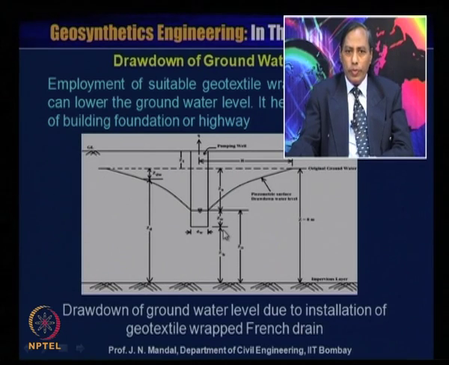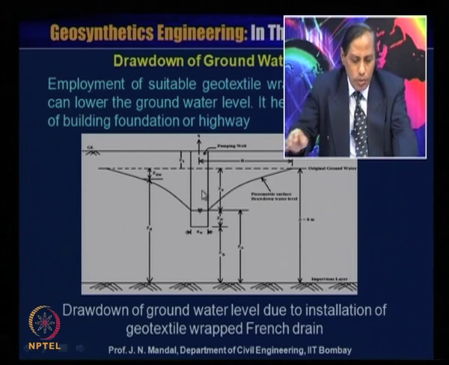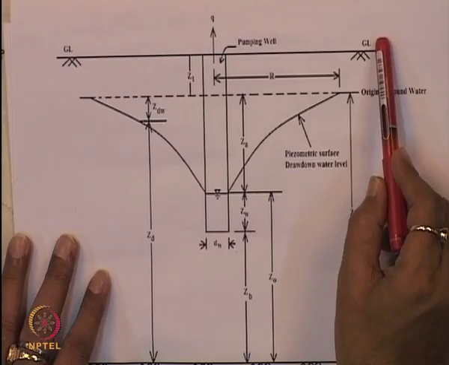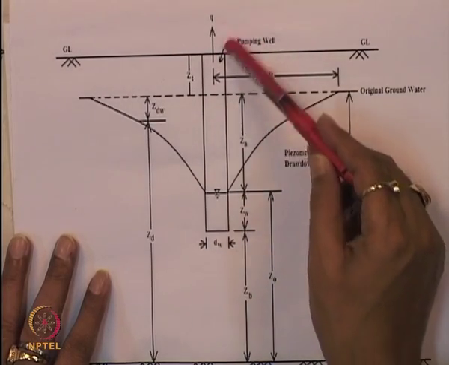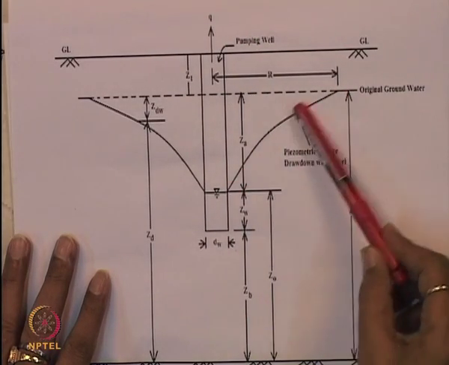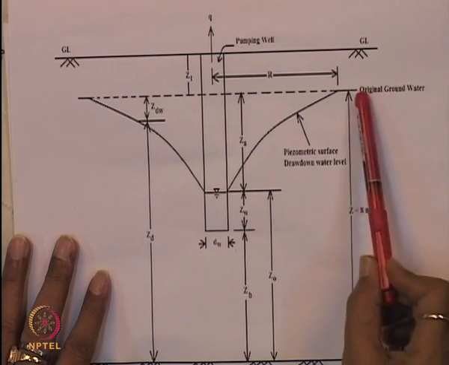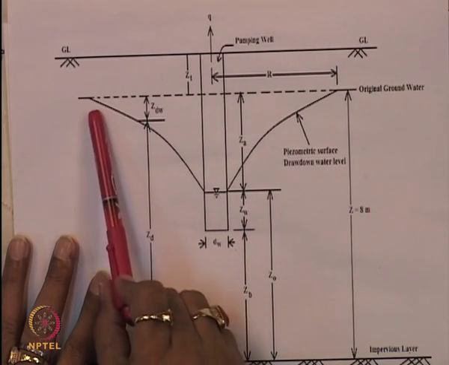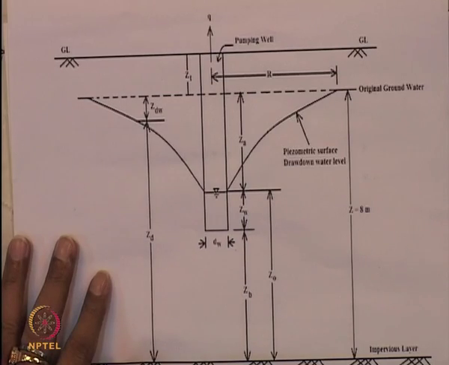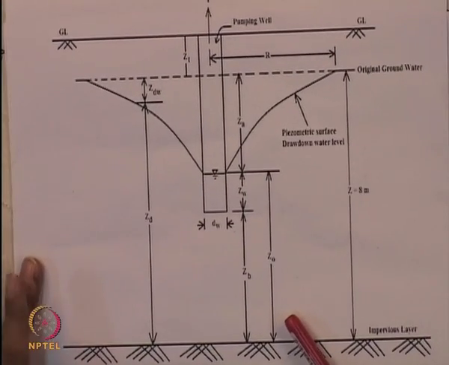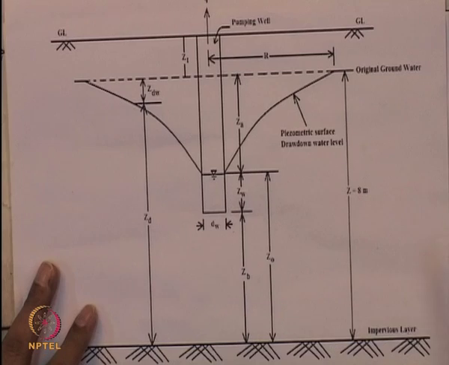So here I am just showing you, this is the ground level and this is the pumping well, that is Q, and this is the prismatic surface drawdown water level, and this is the original ground level, and this is the prismatic surface drawdown, and this is the impervious layer here.